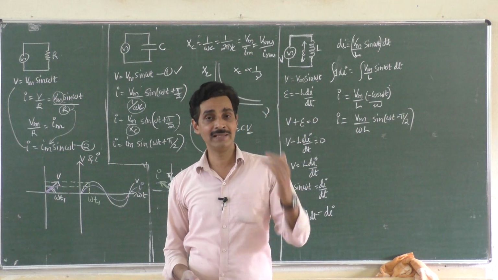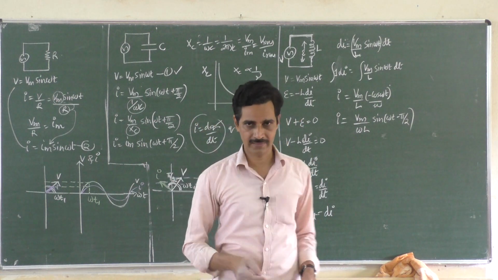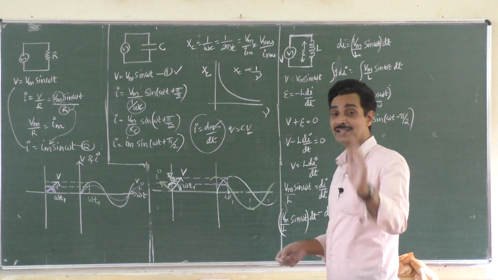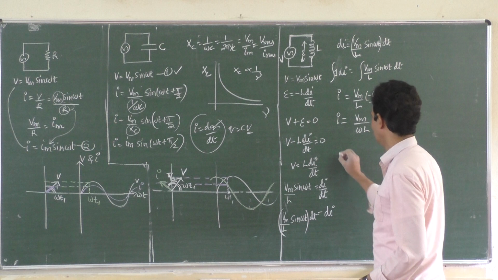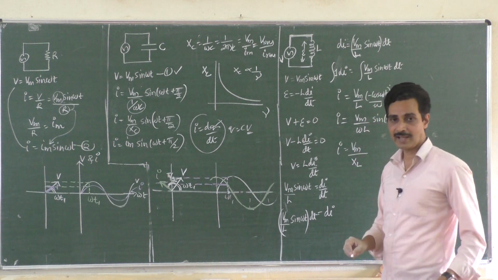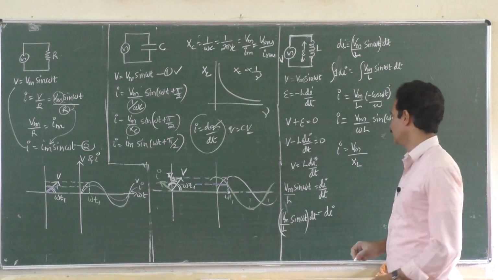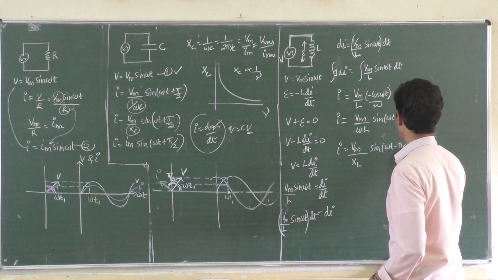The opposition offered by an inductor coil to the flow of AC through it is called the reactance of the inductor, represented by XL. So I is equal to Vm by XL, that is the reactance offered by the inductor to the flow of AC, sin of omega t minus pi by 2.